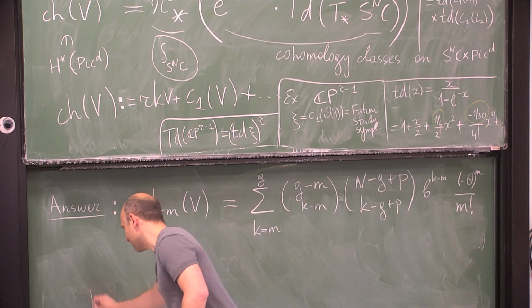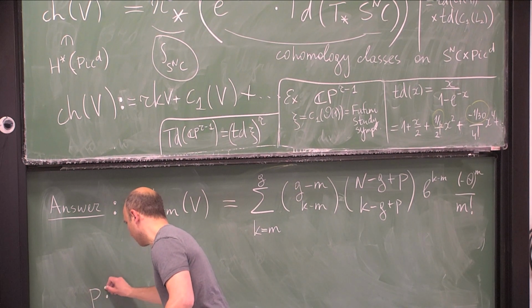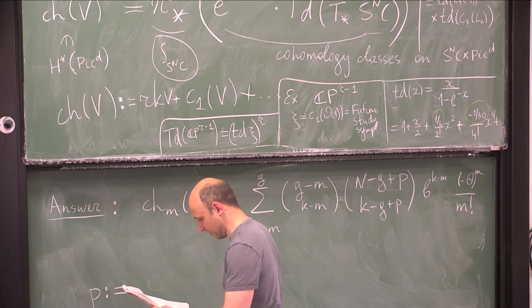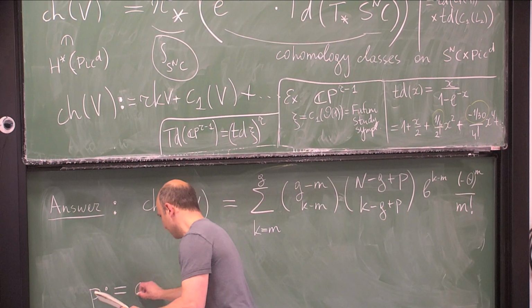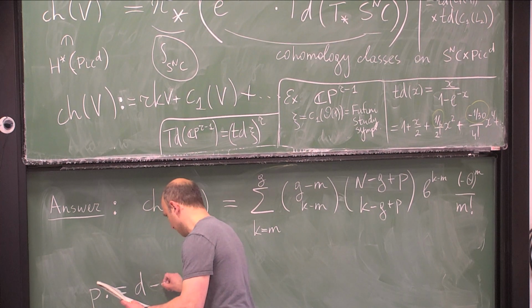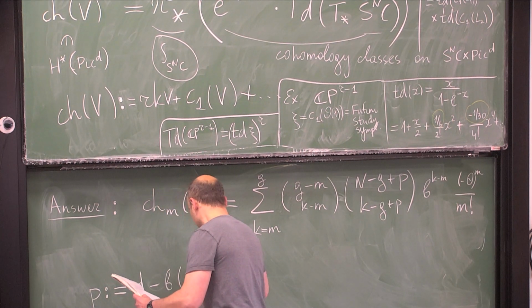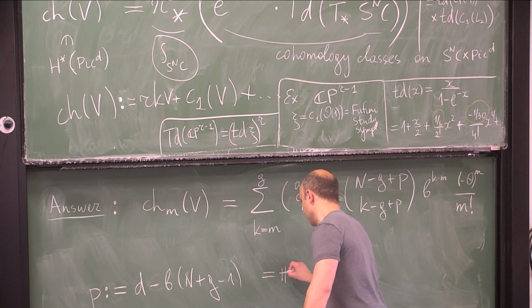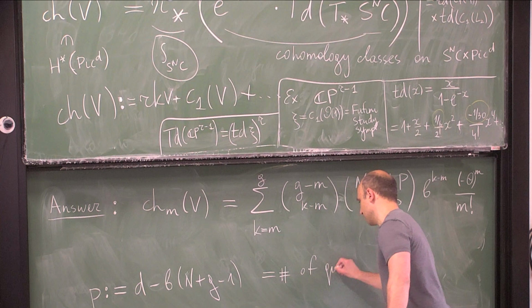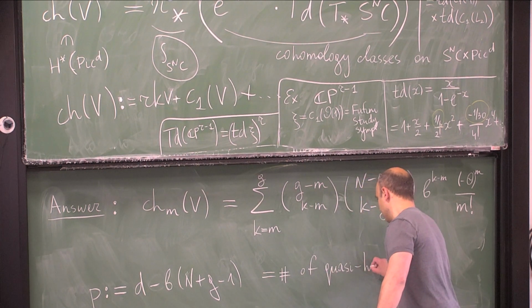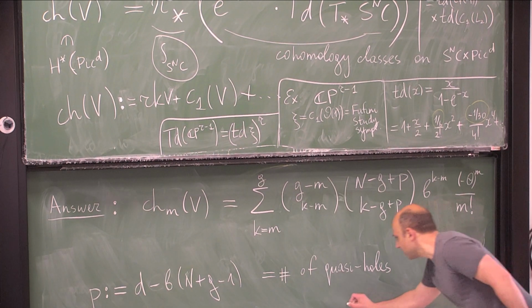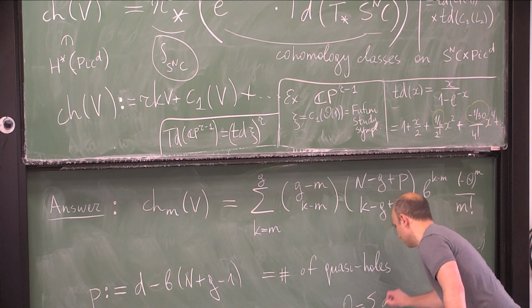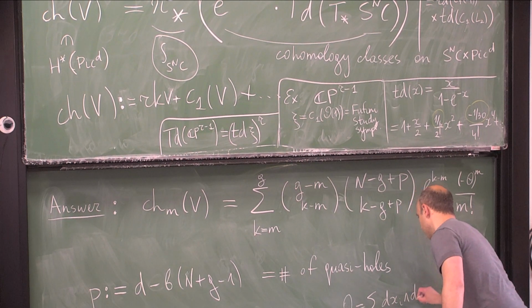And if you have been following extremely carefully, there is one number I have to define that hasn't been defined yet. So it's the number of quasi-holes. Number of quasi-holes. And what is theta? Okay, theta is the sum dxi dyi.